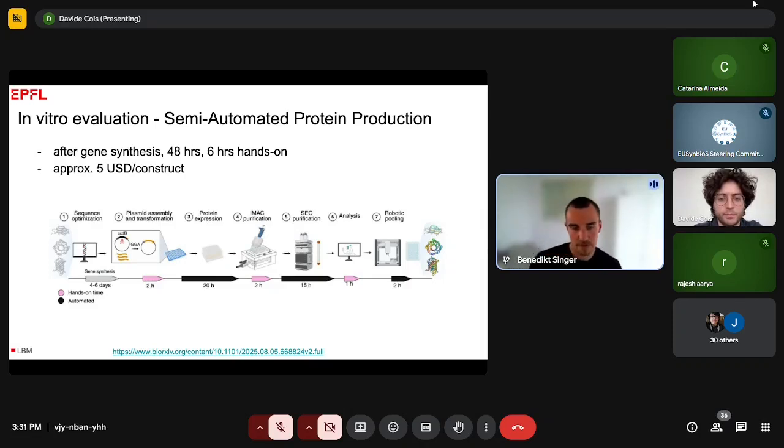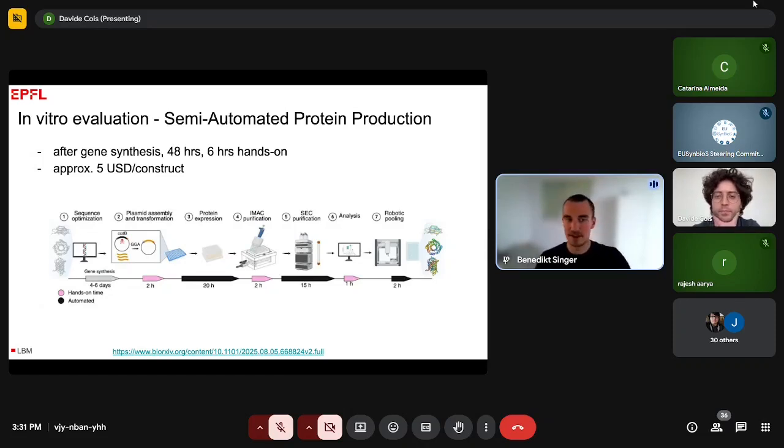And the cool thing here is that the purification will also give you the first information. So if you use this SEC in step 5, the SEC purification, if you see that the trace is not well behaved, you see that it's not monomeric, for example, this already gives you a first criterion whether or not your design has worked. And it can be done high throughput.